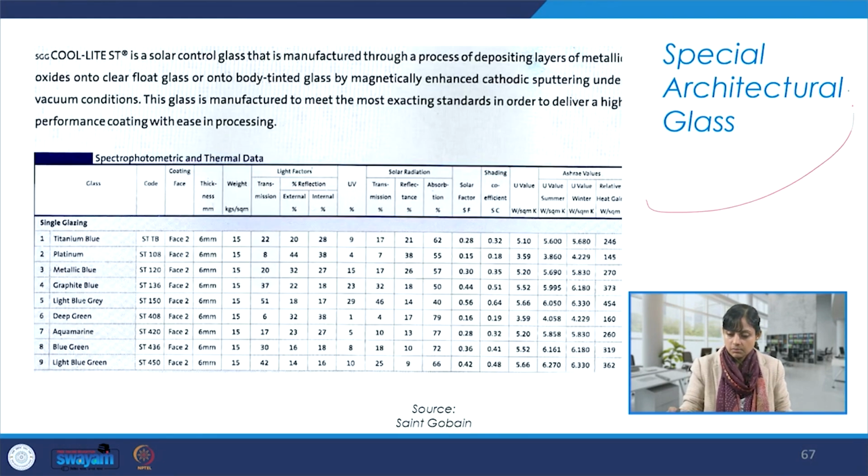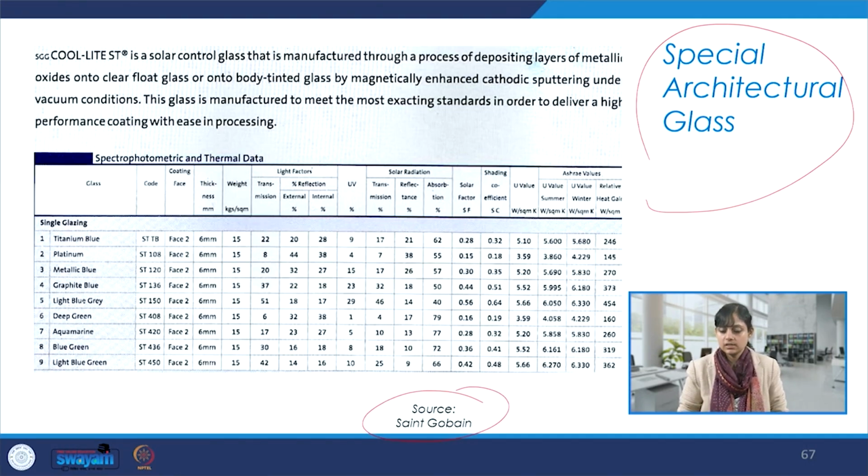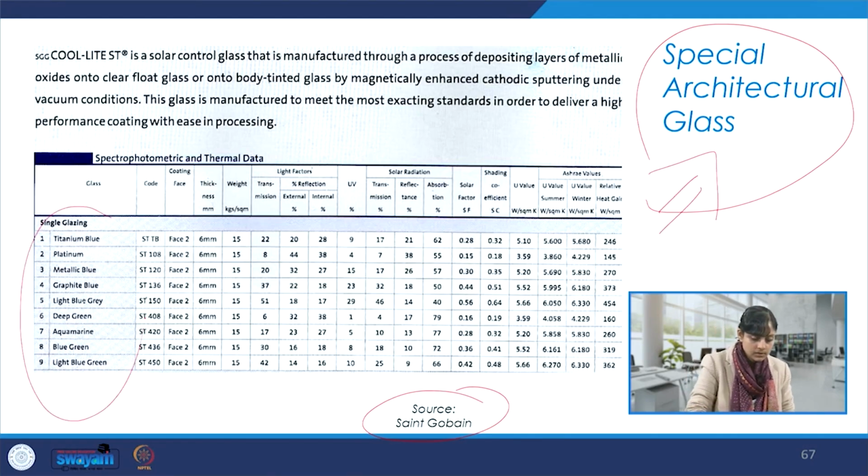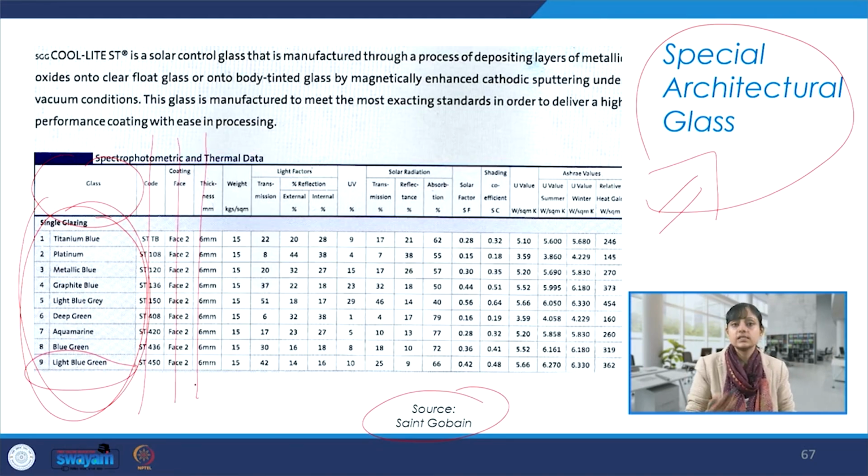So I was talking about some of the brochures. This one is from Saint Gobain, and there are a lot of technical brochures and specifications like this. This is something known as special architectural glass. And here, this is glass, titanium blue, light blue green, what's the code, coating phase, thickness. Here, this is like 6 mm thickness, weight.